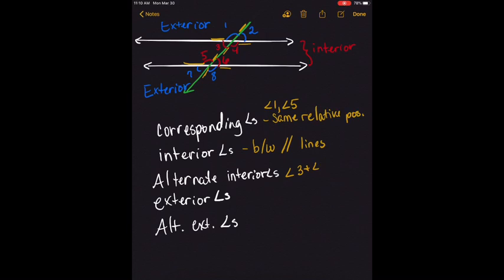It's actually angle 3 and angle 6. Okay, so alternate is a key word. So here's angle 3 and there's angle 6. So see how they're on the opposite side of the transversal? So angle 4 and angle 5 are also alternate interior angles.